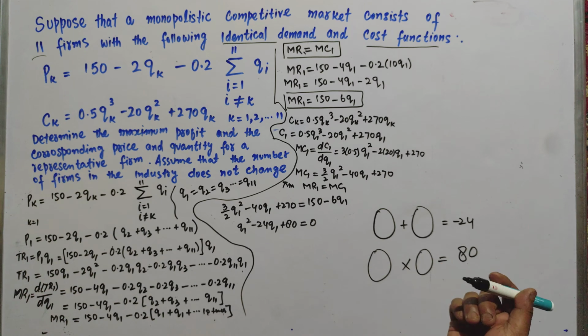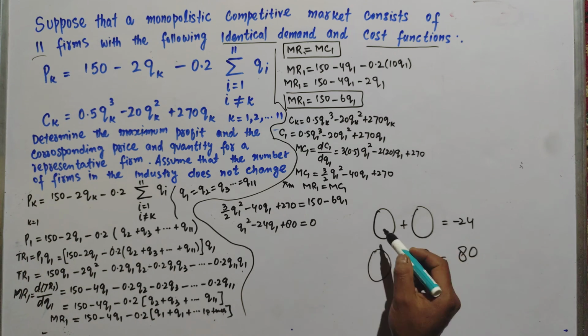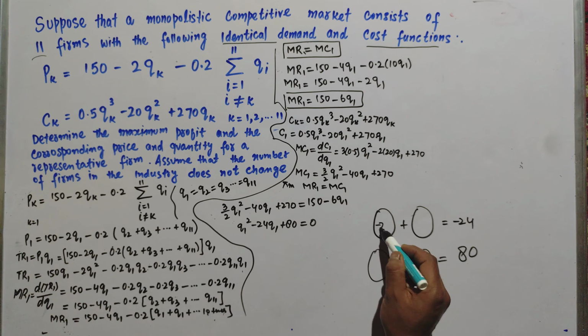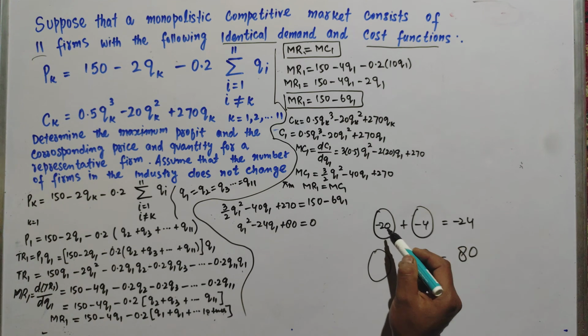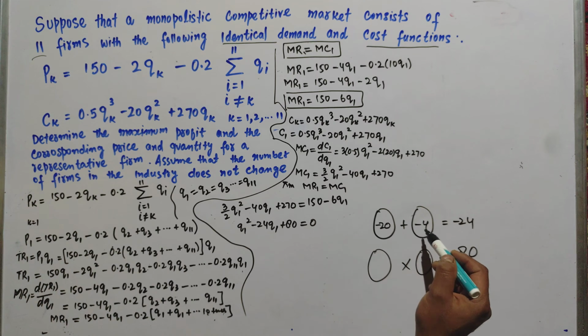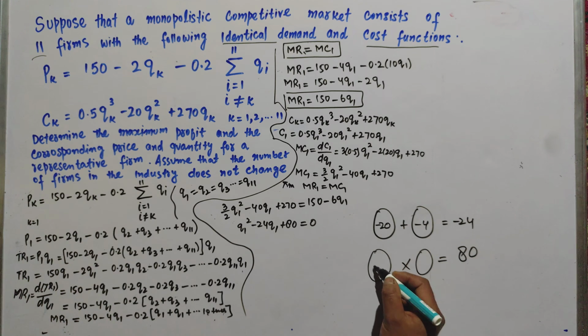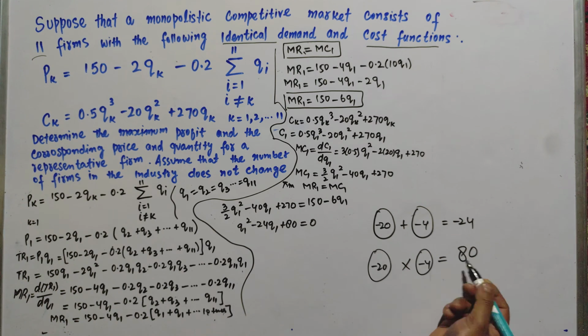Okay, let us try and guess. If I write minus 20 and minus 4, then minus 20 and minus 4 is minus 24, and minus 20 into minus 4 is equal to 80.